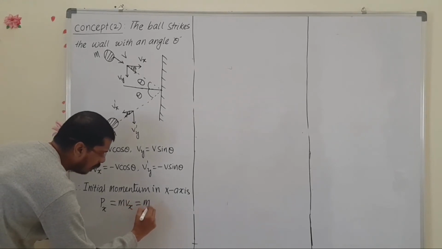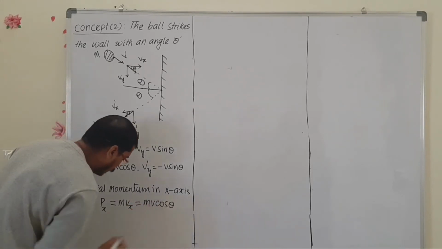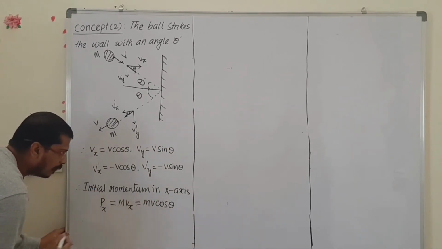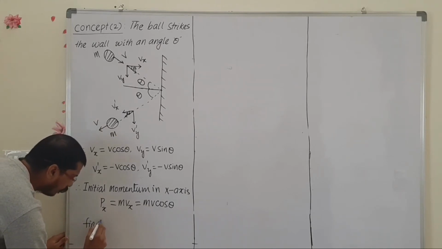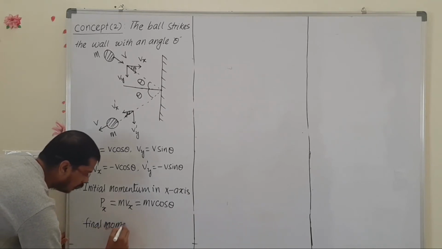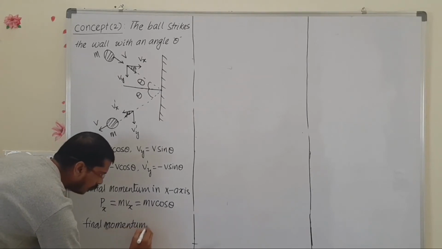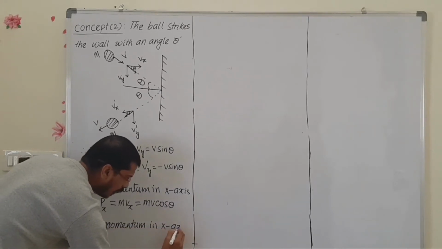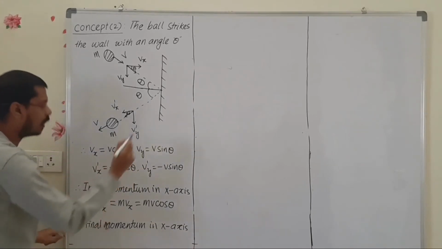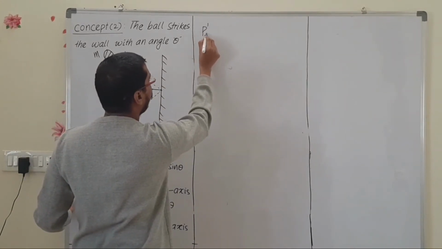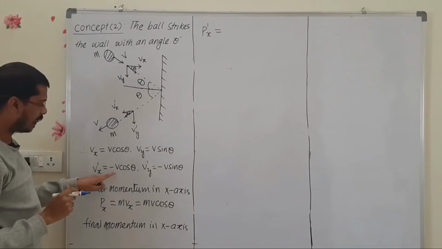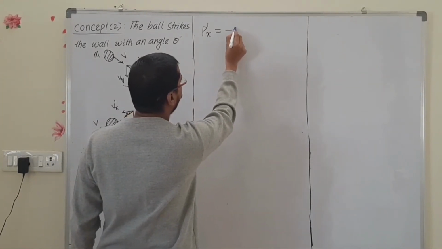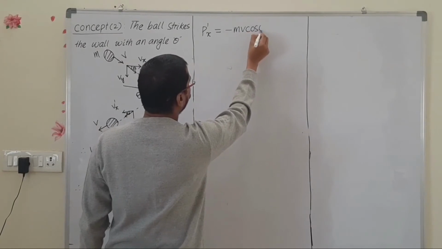Now we can write p dash x equals what? The mass is m and the velocity is minus v cos theta, so minus mv cos theta.